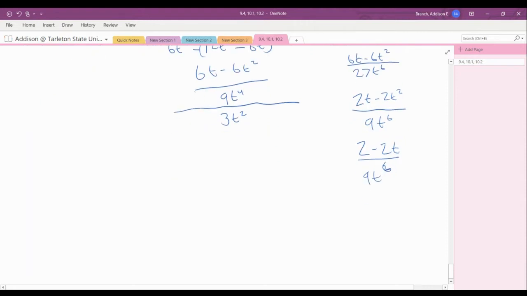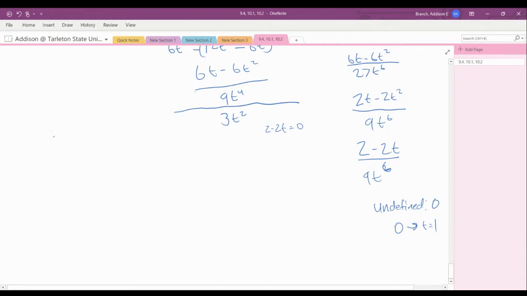All right, so like we did back in Cal 1, we still do our second derivative test. So let's go ahead and see. We know it's going to be undefined at 0, and then it's going to be equal to 0 at 2 minus 2t equals 0, so at 1.